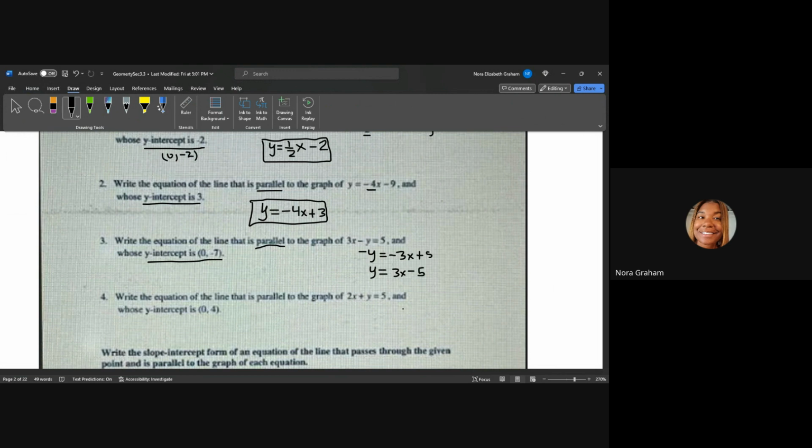Now that I have it in slope-intercept form, I can identify my slope very easily. My slope here is 3. And since it's parallel, we know our slope is going to be the same. And then they give me my y-intercept, which is my b, -4. All right.